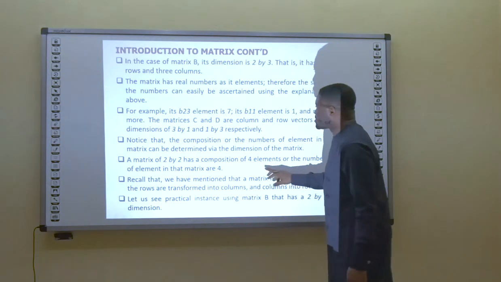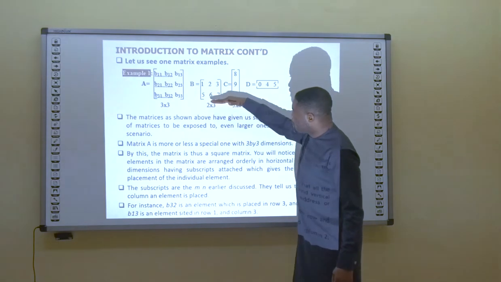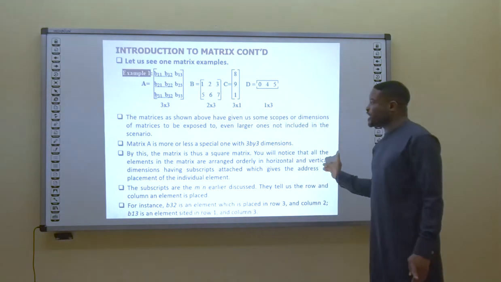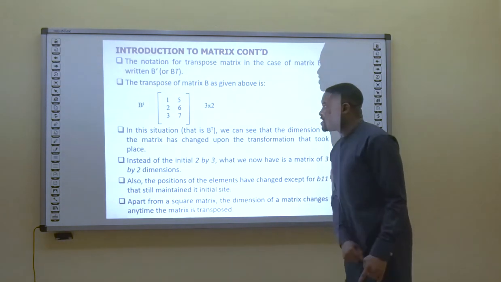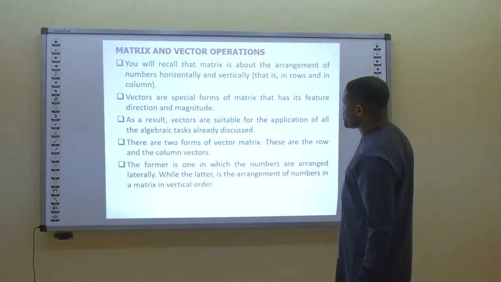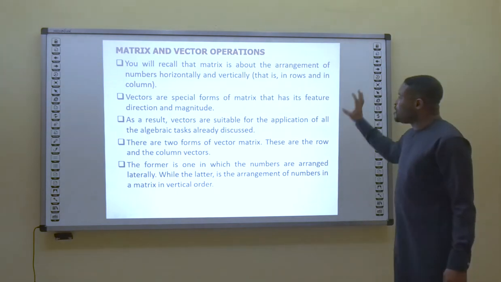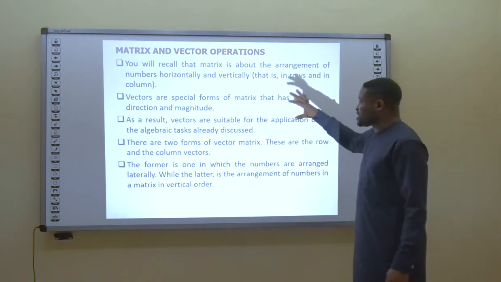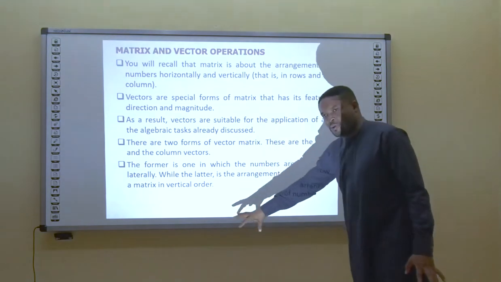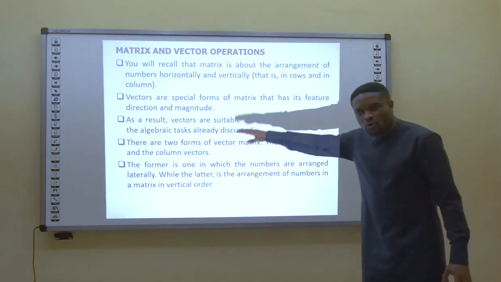So you can have a matrix transposed, and the columns and rows will also change as a result of the transposition. So that's what happens to a matrix in this course. So we have vector matrices, where we have 2 forms: the column vectors and the row vectors.